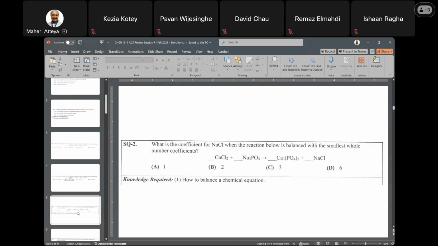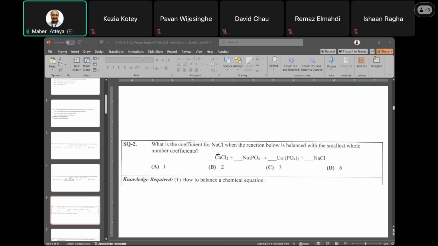This is another one. What is the coefficient for sodium chloride? Which one will be here? Somebody tell me. If you balance this equation, what will be the coefficient? Well, let's balance it together. I have calcium here.